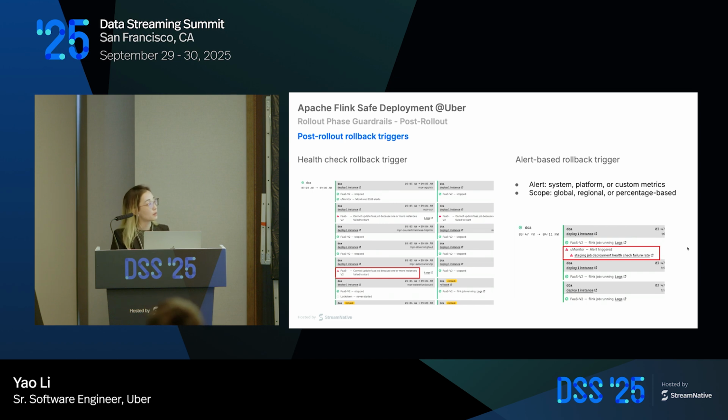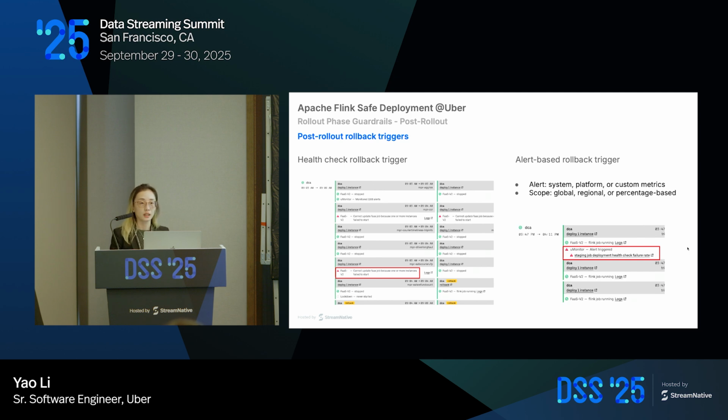One thing I want to mention here is that we also have the percentage-based rollback trigger. This is for dealing with large-scale Flink job deployments. For example, for some deployments, we have hundreds of jobs deployed at the same time as a single rollout execution. It could be pretty annoying if only one job generates a rollback trigger signal, maybe due to some temporary issue, and it rolls back the deployment for all 100 jobs, right?